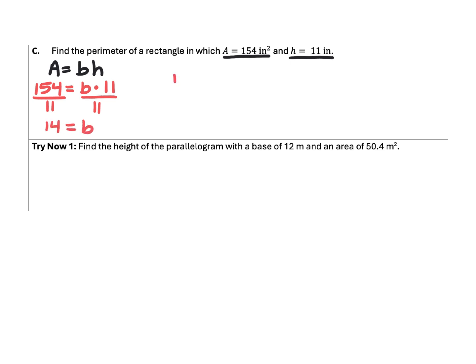So now let's kind of visualize a rectangle here. So our base is 14, and the height is 11. And then remember that it's a rectangle, which is a parallelogram, so the opposite sides are congruent. So now if we want to calculate the perimeter of the rectangle, the perimeter is just the distance around the rectangle.